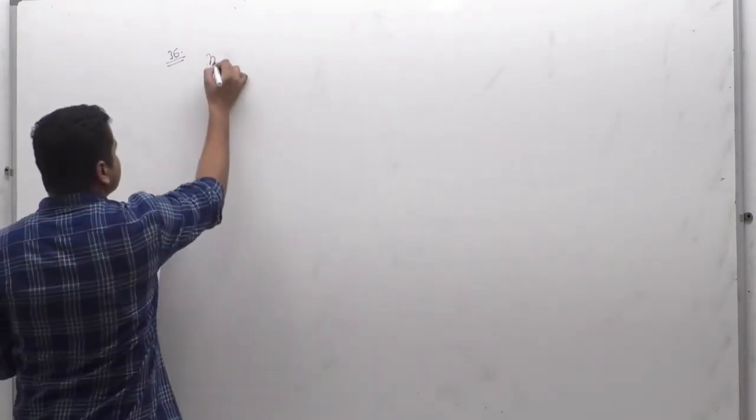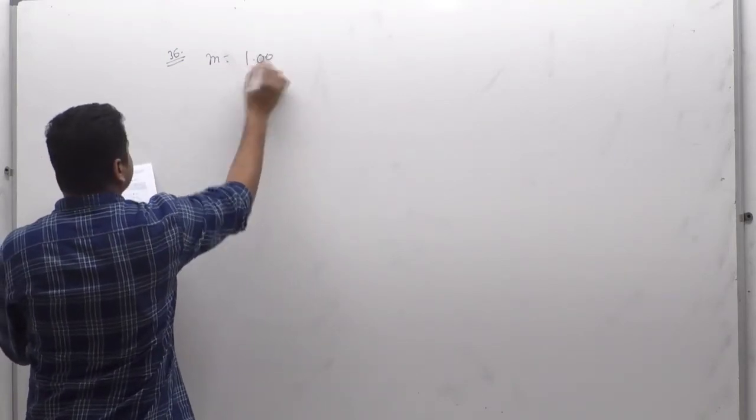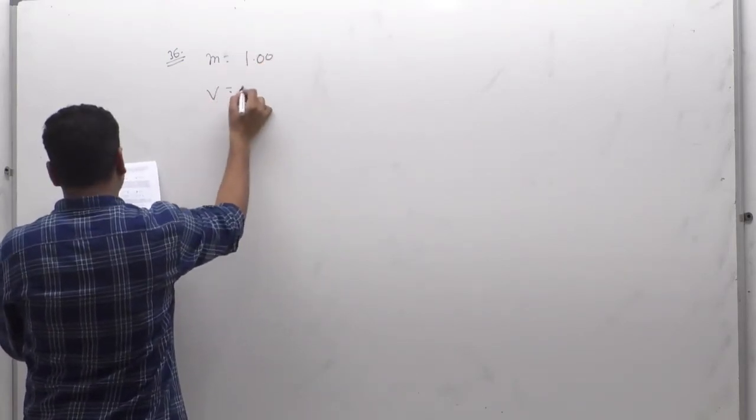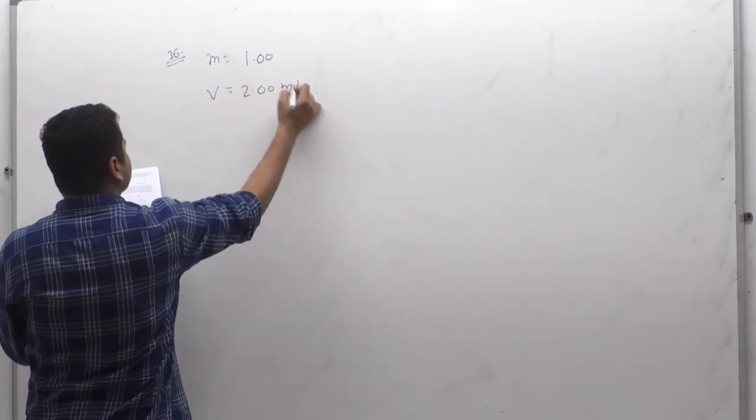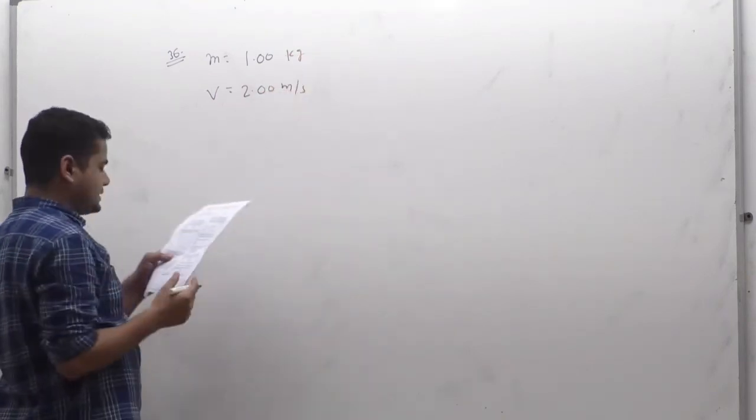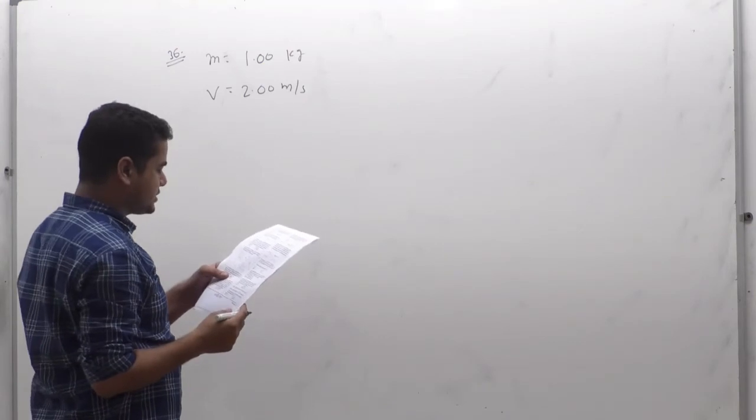Mass equal to 1.00 and velocity equal to 2.00, respectively. What is the maximum percentage error in the calculation of kinetic energy?